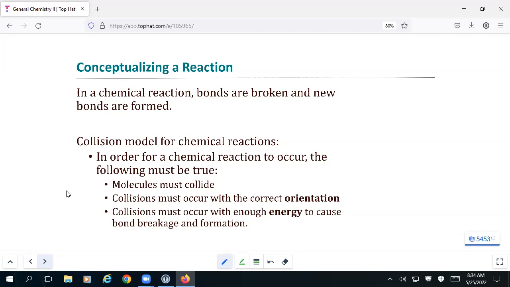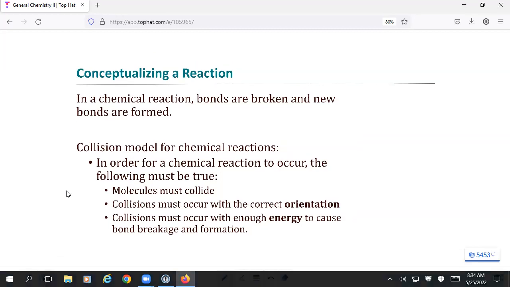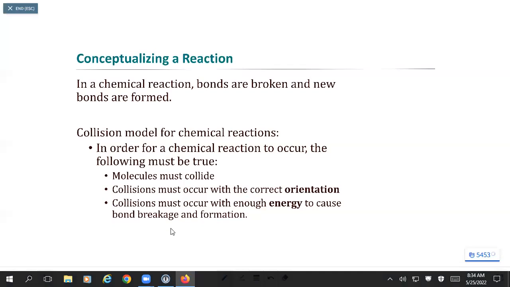And so from Chem 105, we know that bonds are broken and new bonds form. We knew that all along, right? Got to break up the old stuff and get it to rearrange to make the new stuff. But how does that actually work?